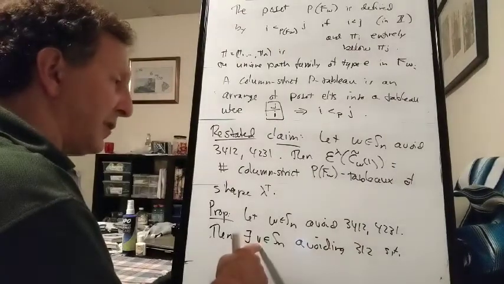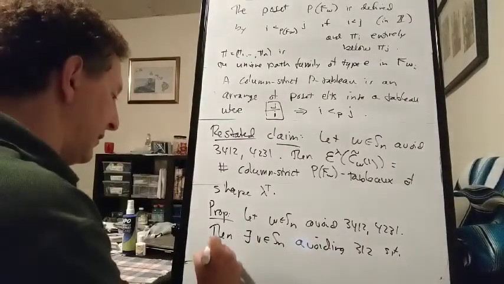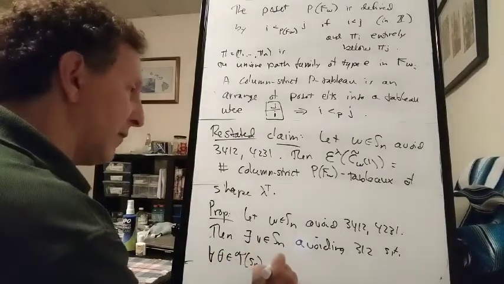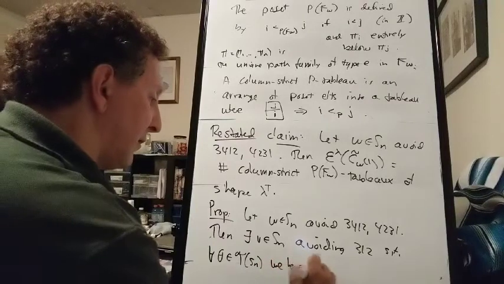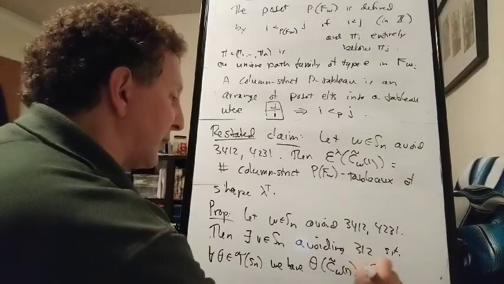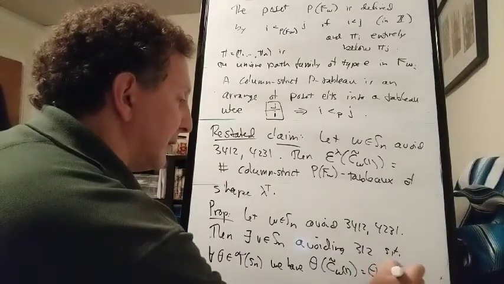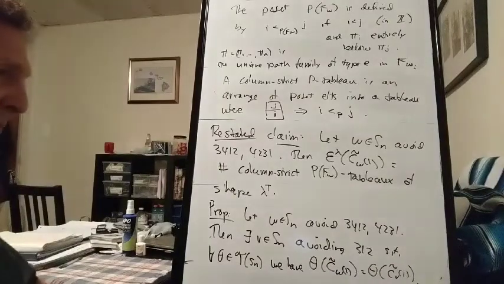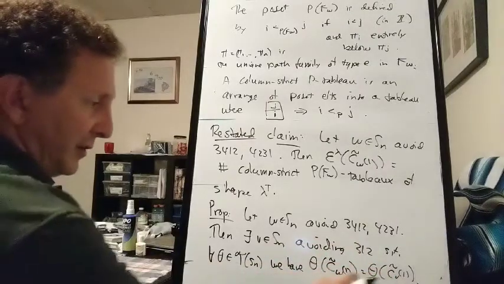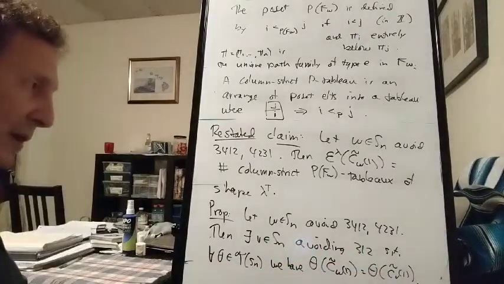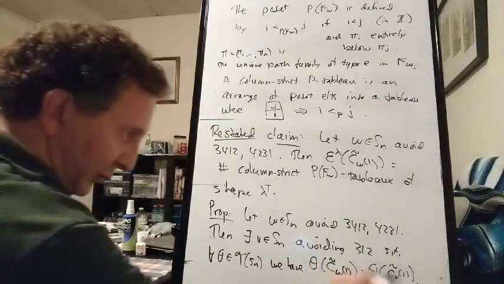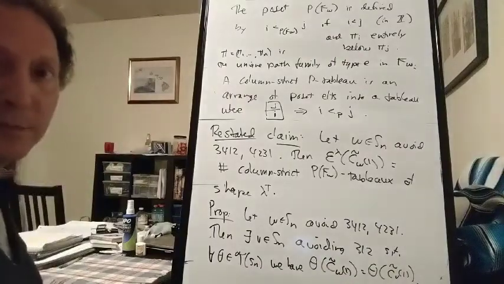And that other permutation V has the property that for all traces theta, theta evaluated at CW equals theta evaluated at CV. So if we know how to evaluate a trace at all 3, 1, 2 avoiding permutations, then we know how to evaluate it at all 3, 4, 1, 2, 4, 2, 3, 1 avoiding permutations, as long as we can figure out what V is based on W.